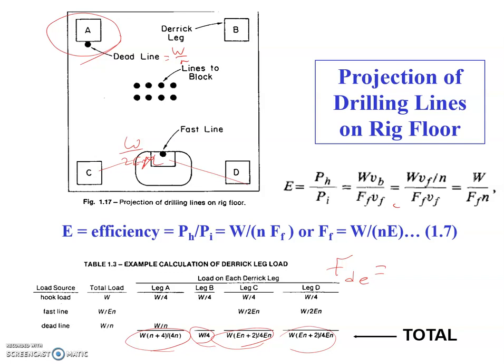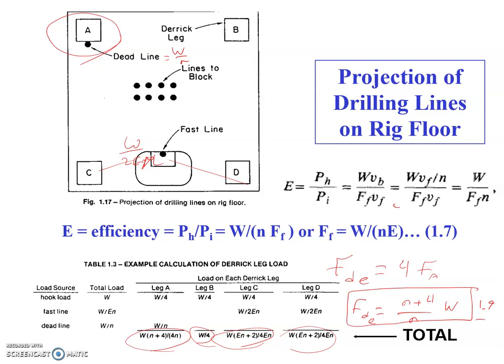And they assume that that force is basically 4 multiplied by the maximum derrick load, and that would be 4 multiplied by the force which is applied to leg A. If you do the calculations and simplifications, this is going to be N plus 4 over N multiplied by W. So this is equation 19 in the book if you want to go and look at it, but this is called the maximum equivalent derrick load, FDE.